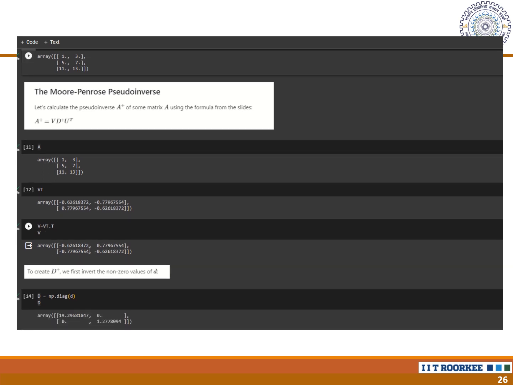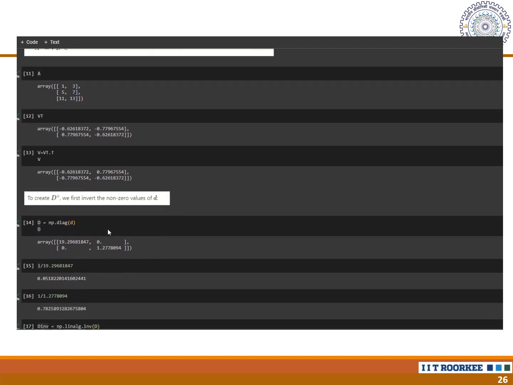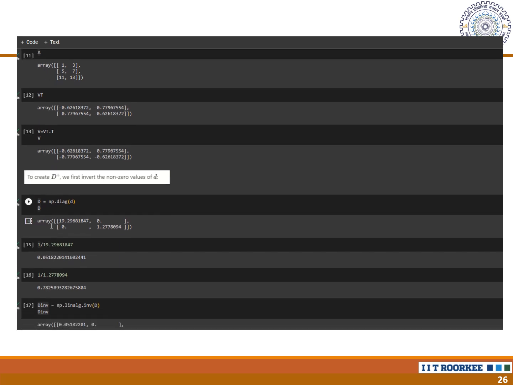Here is the transpose of V transpose, and that is V. Next, we're gonna create D plus, where we first need to invert the non-zero values of D, right? Here we have D. So let's see what we'll get on inverting these values, or simply the reciprocal of these values. Here is the reciprocal of these values.